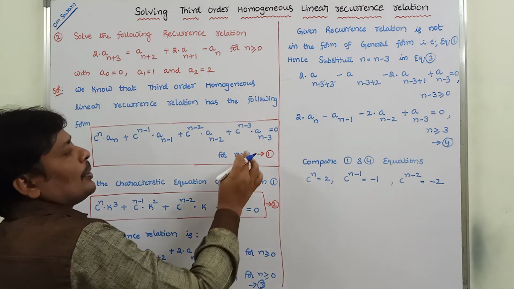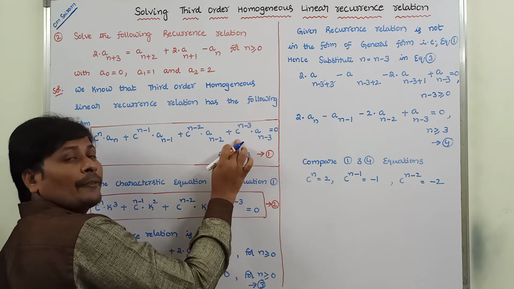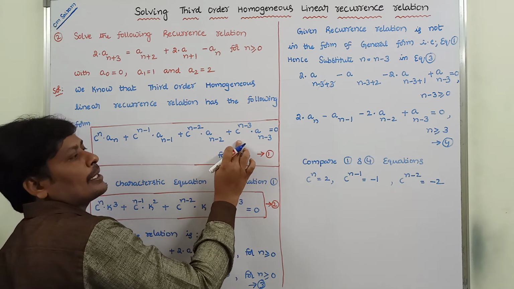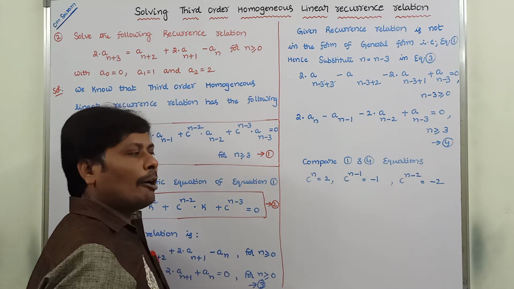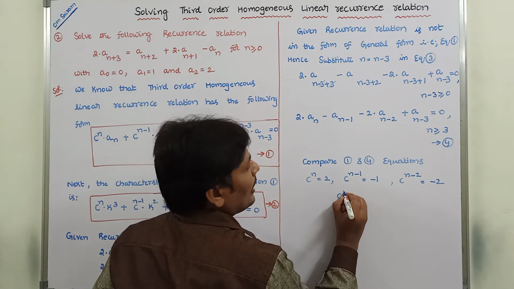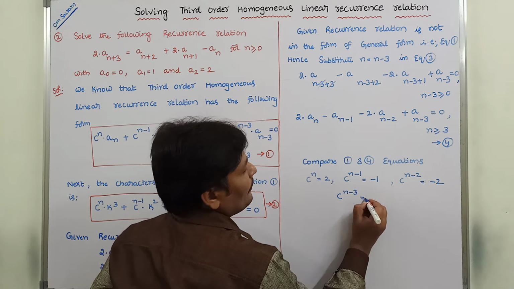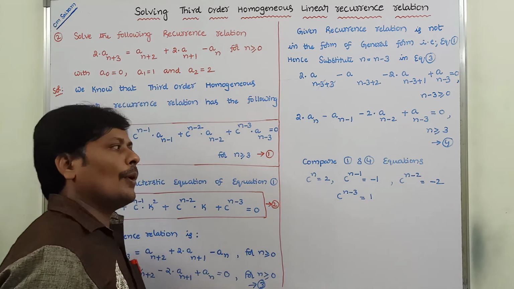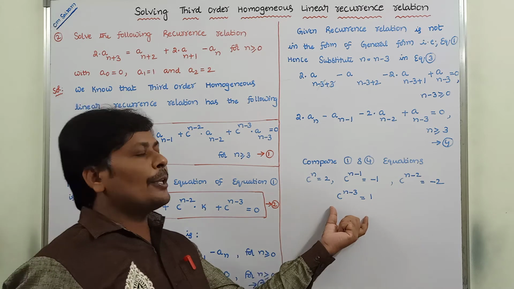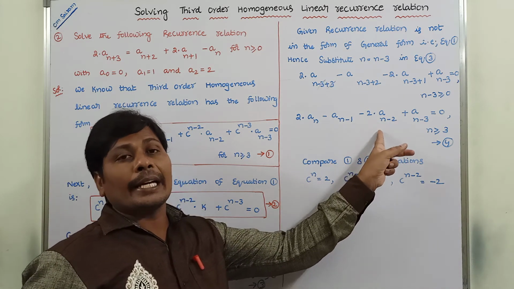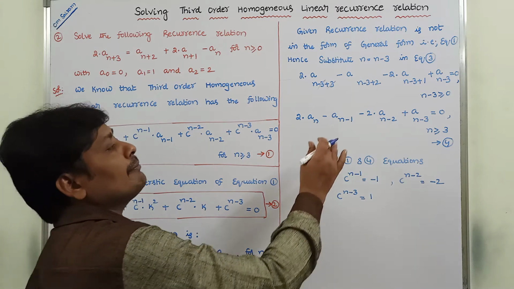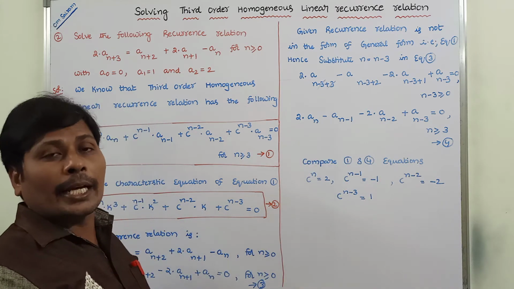Next one. So a suffix n minus 3 coefficient is c power n minus 3. So here a suffix n minus 3 coefficient is 1. So c power n minus 3 coefficient is 1. Okay. So these values can be obtained by comparing the given recurrence relation after converting into general form.